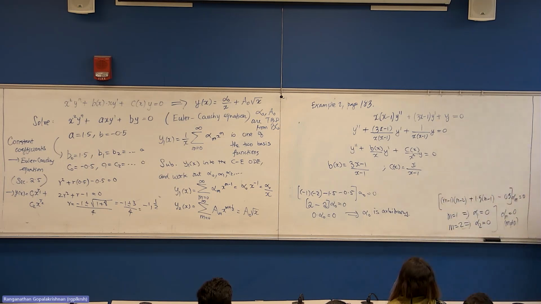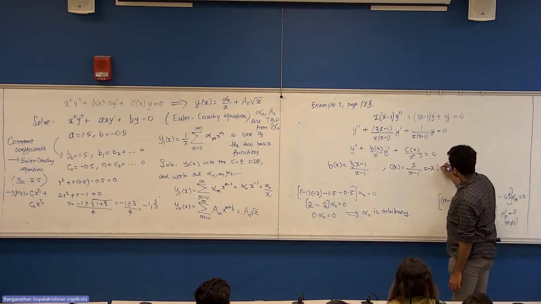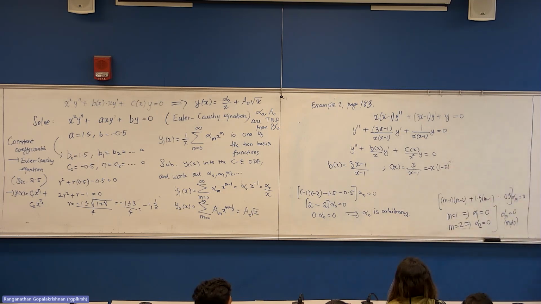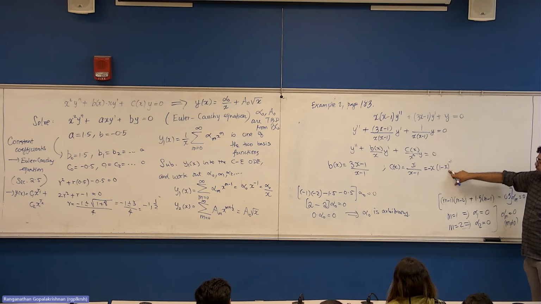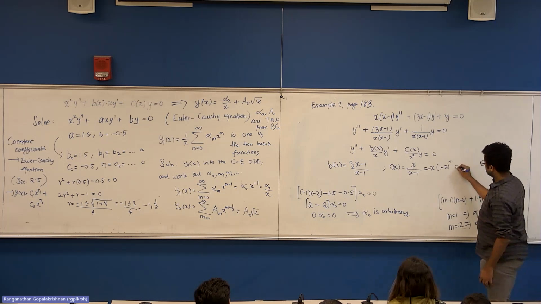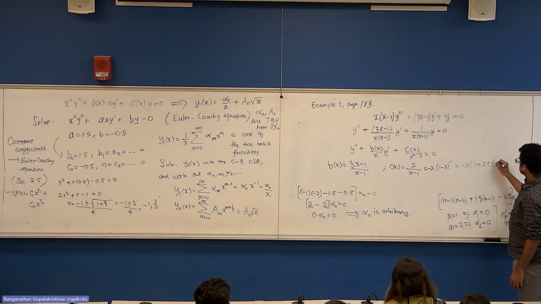Quick question for you. How do you turn these into power series? (x minus 1) to the power minus 1. So you want to write this as minus x times (1 minus x) power minus 1. Is that what you were saying? Okay. So any rational function can be turned into a power series, which is minus x times (1 plus x plus x squared plus x cubed and so on).